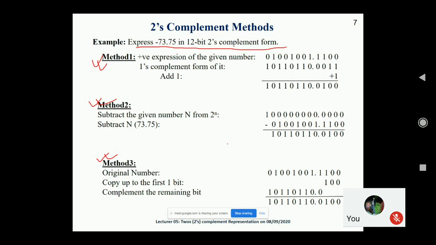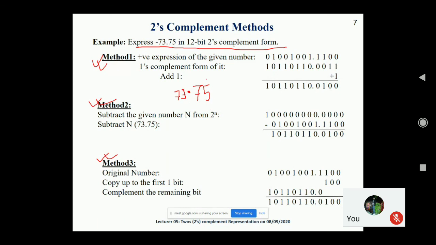The first method is very simple. Check this one. At first, you can find out the value of positive 73.75. Not minus, 73. What is the binary sequence of 73 and what is the fraction part?